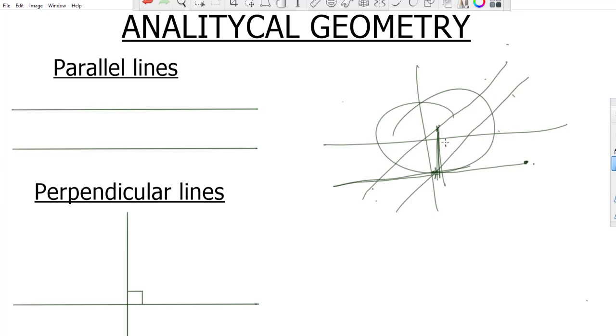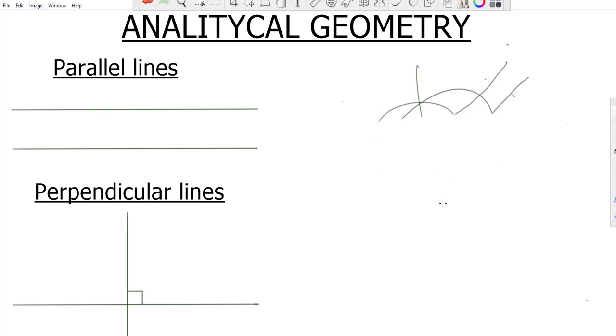So we know that the radius is perpendicular to the tangent. To prove it, you need to know the perpendicular lines. When lines are perpendicular, how do you know these lines are perpendicular and these two lines are parallel? Very simple.